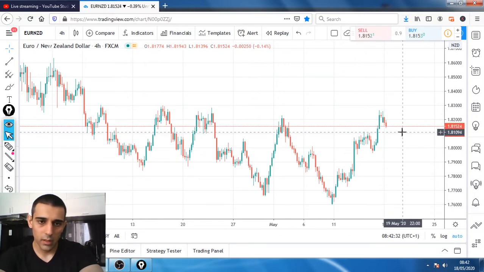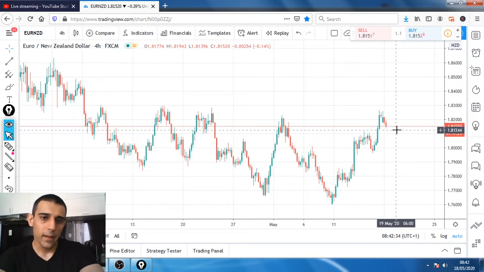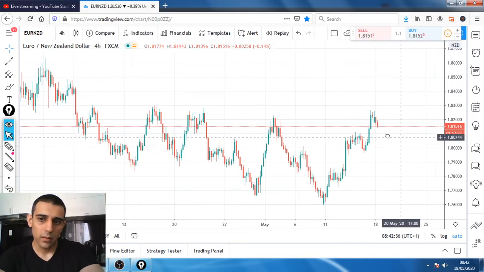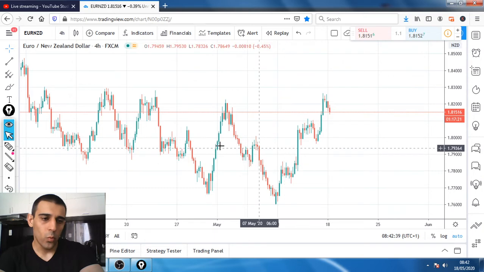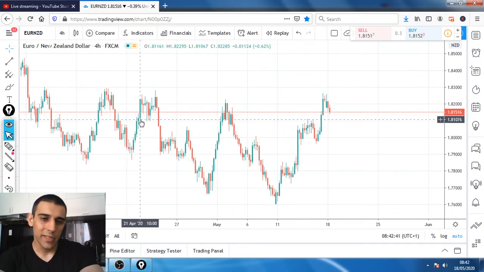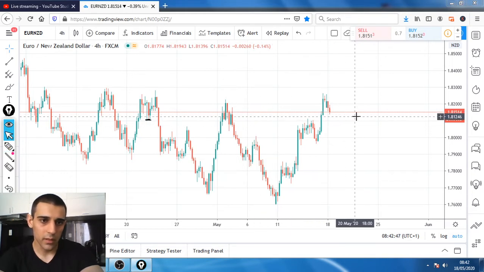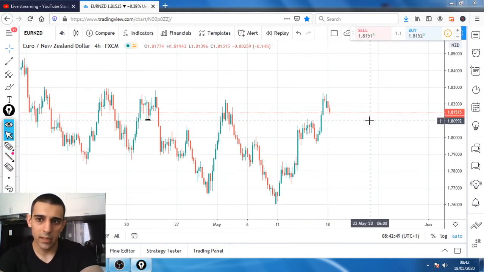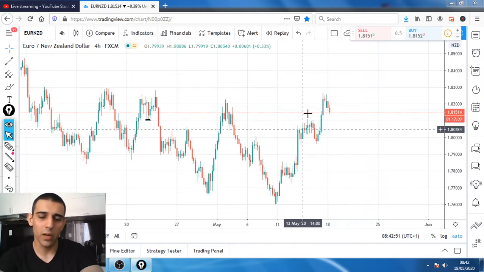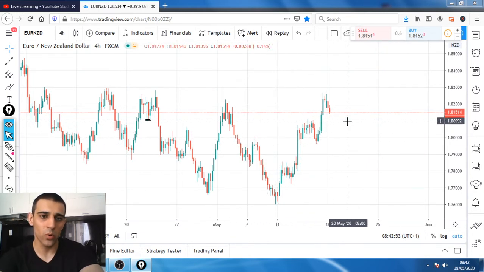81.13, we have the... I would wait on this one to potentially take out these 4-hourly spike lows in here. I think that would be a good thing to do. Down to 81, roughly about 80-100. We also have the weekly support at this level.